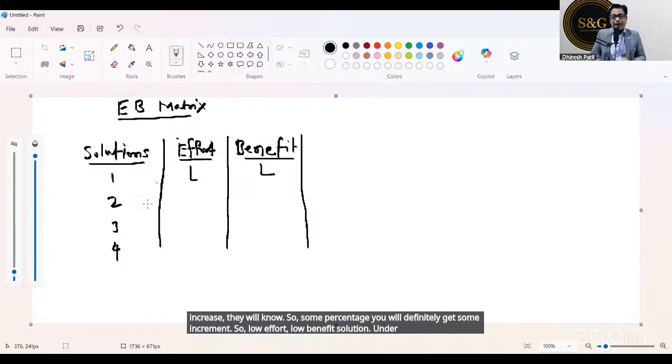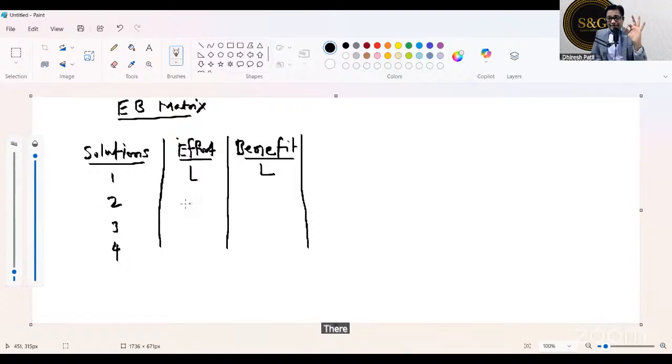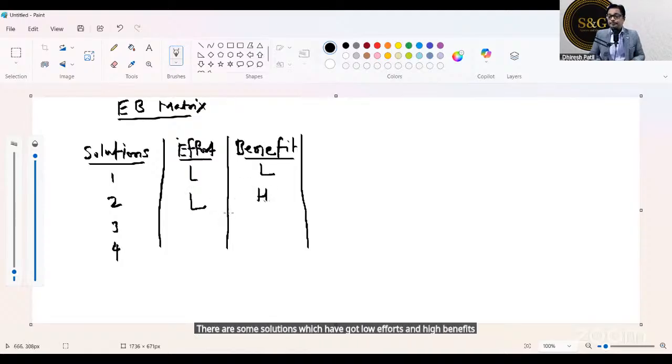Understood? Okay. There are some solutions which have low effort and high benefit. Very, very important.